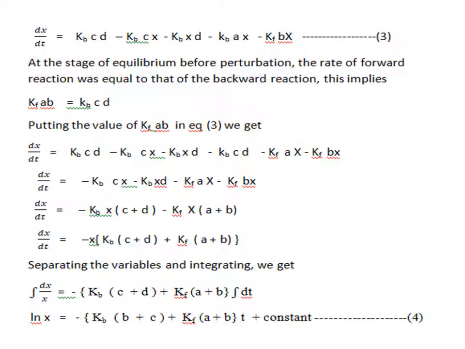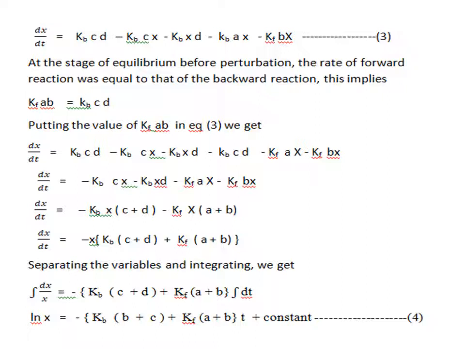Dx over dt will become minus kb into cx minus kb xd minus kf ax minus kf bx. Now kbx or kfx are taken out because they are common: minus kbx into c plus d minus kfx into a plus b.